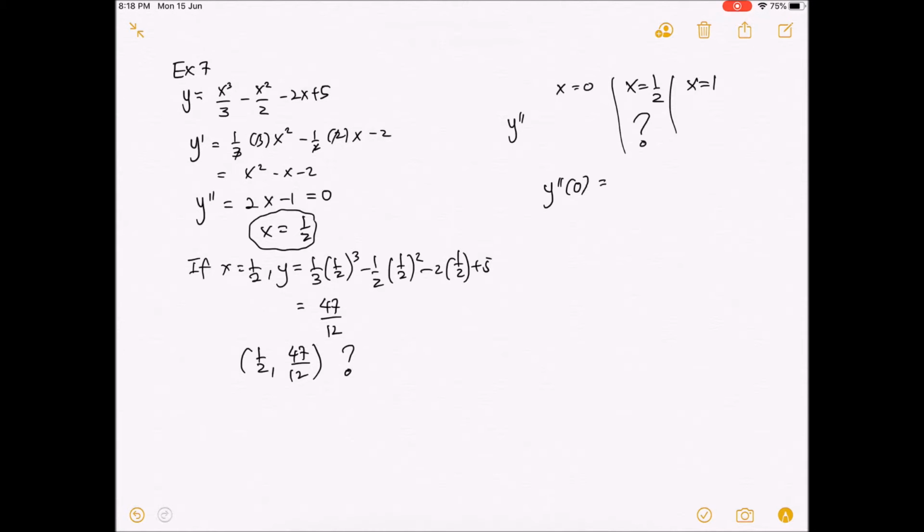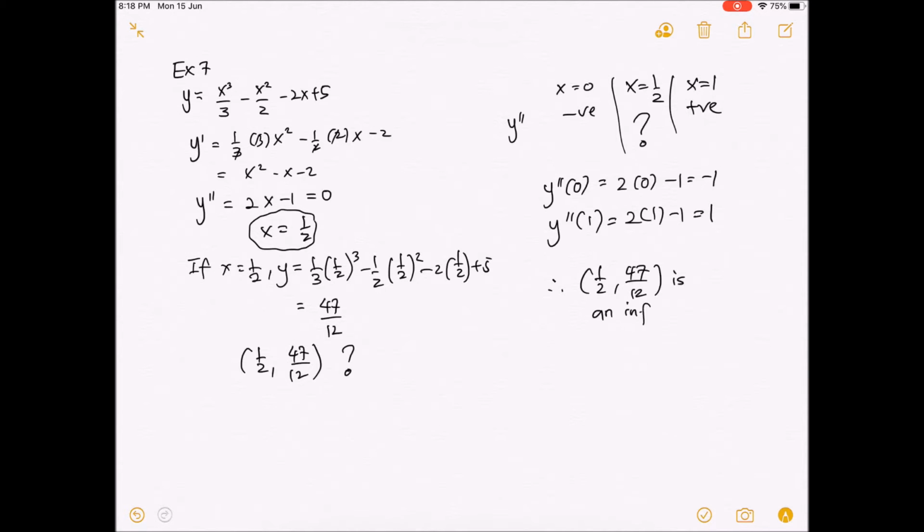So my y double prime 0 is 2 times 0 minus 1, which is negative 1. So this is negative. My y double prime 1 is 2 times 1 minus 1, which equals 1, which is positive. So obviously it changes sign from negative to positive. Therefore, we conclude that (1 over 2, 47 over 12) is an inflection point.